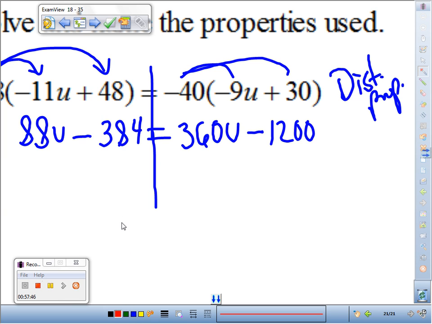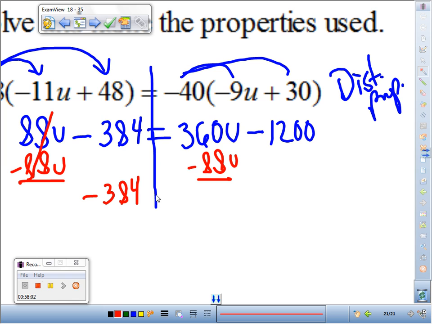What do we do next? Get all variables to one side. What's my smallest variable? 88, so we subtract 88u from each side. These cancel, we're left with negative 384 equals 360 minus 88, that's 272u. Bring down the negative 1200.